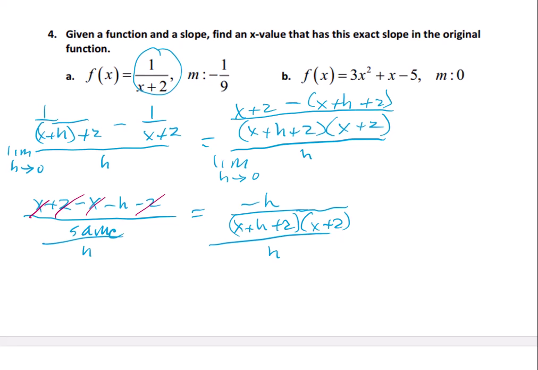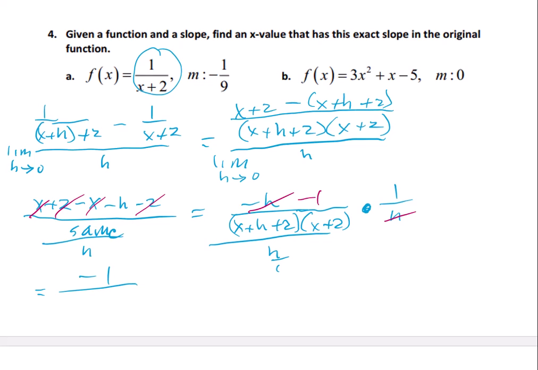So I keep change flip, this is really h over 1. I keep change flip, so I've got 1 over h here. These will cancel. So I've got negative 1.